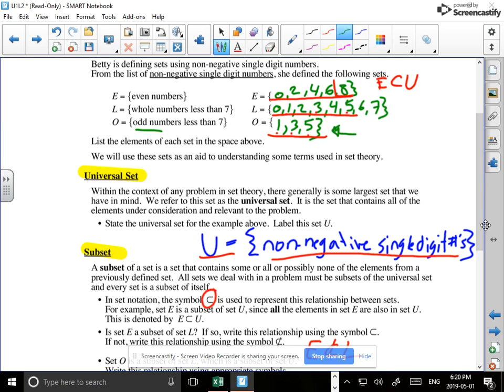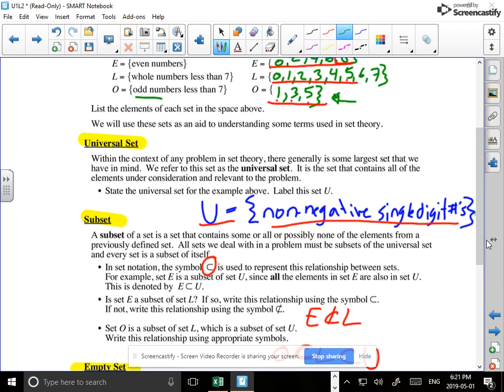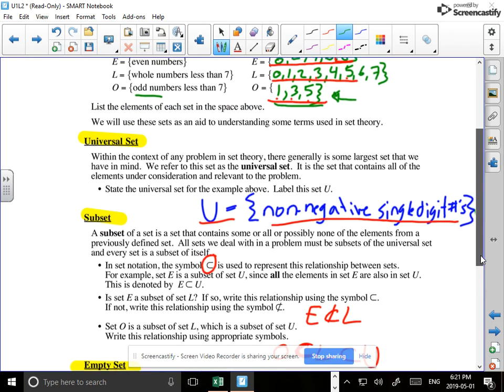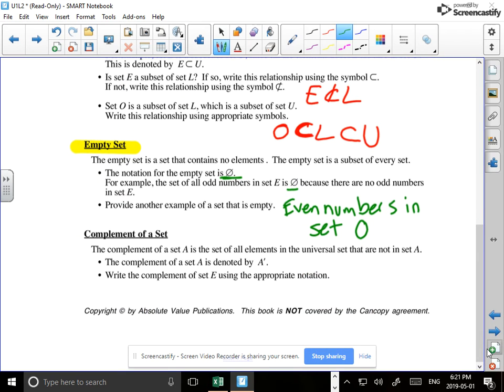Now, this contains only odd numbers in set O. So an empty set would be even numbers in set O. Now this would be an empty set because there are no even numbers in set O. There's only 1, 3, and 5. Another example could be 4 in set O, or odd numbers greater than 7. So you have unlimited choices for empty sets.